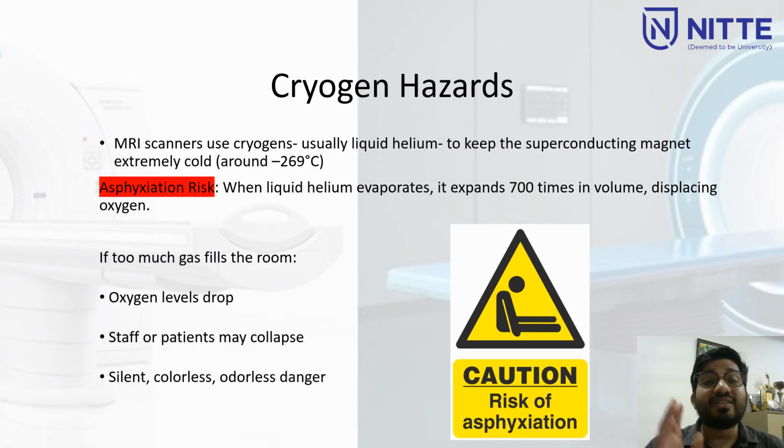Oxygen monitors are there, always monitoring the oxygen. If the pipe fails, the helium will displace oxygen. When liquid helium evaporates, it expands 700 times in volume, so we have to always check the oxygen level. Oxygen monitors and ventilation alarms, and also an emergency exhaust duct, should be available in the MRI scanner room.